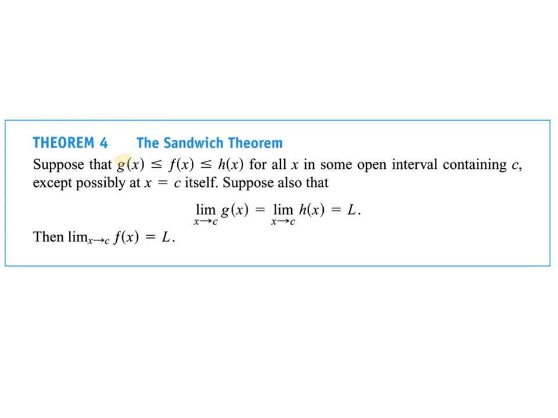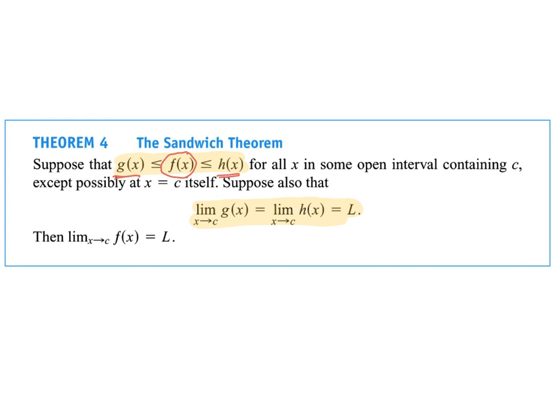First, you must have an inequality with three functions where the function you're interested in is trapped between two other functions. In this case, our f of x is trapped between g of x as a lower bound and h of x as an upper bound. And then the other requirement for the hypothesis is that you can compute the limit as x approaches c of g of x, and you can compute the limit as x approaches c of h of x, and both of those are the same.